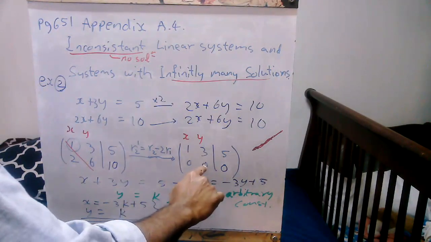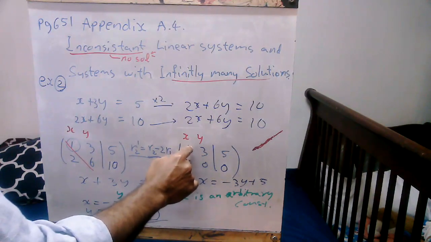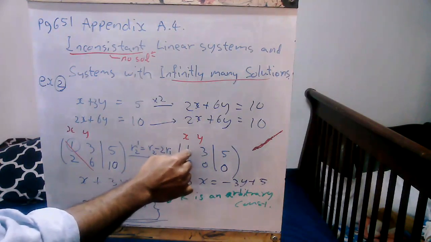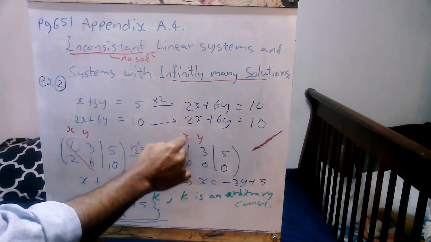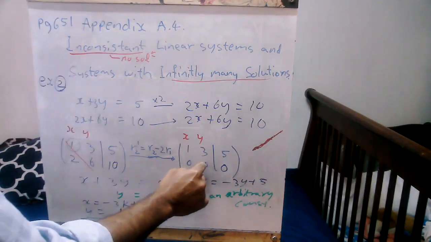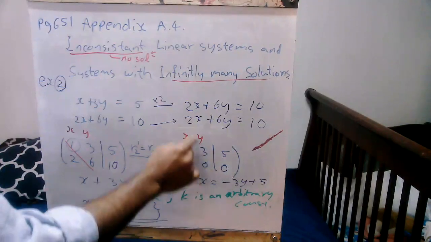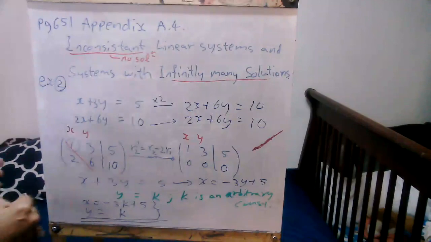This is the row that belongs to y. Again, the important part: here we could make 1 for the x variable, but the next one we wanted to make 1, which is the coefficient of y. When we try to do that, we get 0.